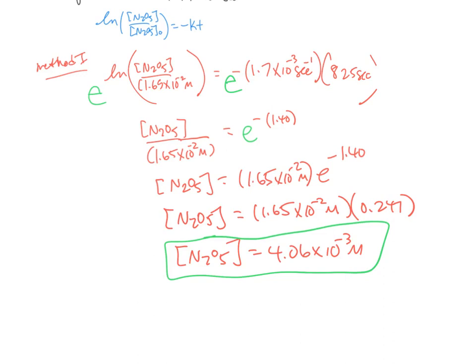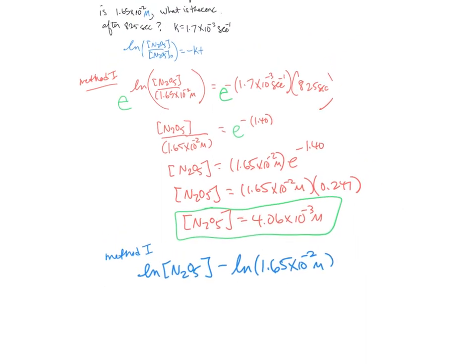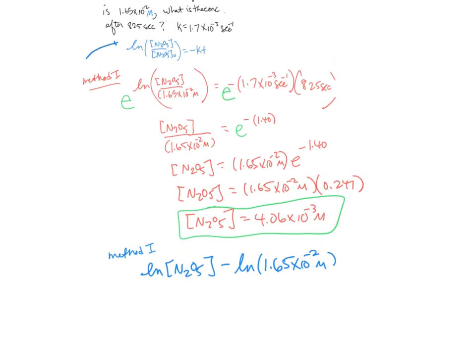All right, then we have method 2, because I know you guys will want to split that log. And so method 2 here would be the natural log of N2O5 minus the natural log of 1.65 times 10 to the minus 2 molar. So in other words, way up here, you start from here and then you do that.